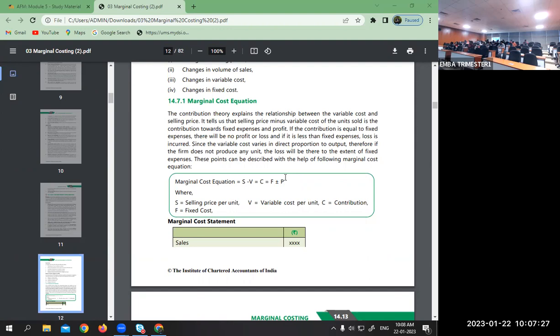You wrote two equations. Next equation, write it. Contribution is always equal to fixed cost plus or minus profit or loss.